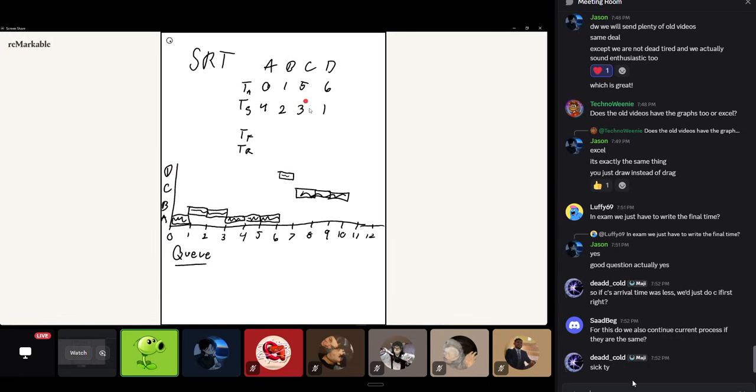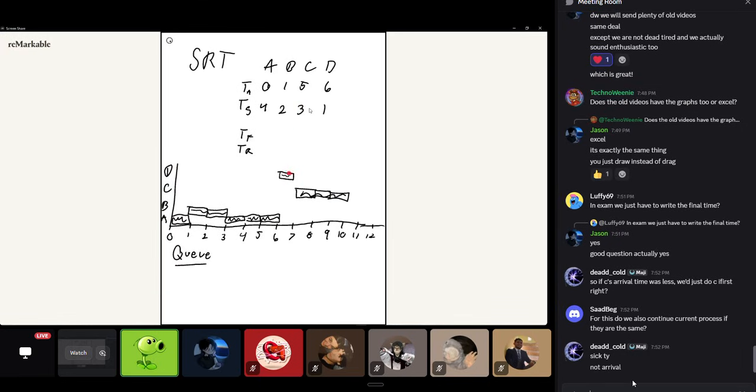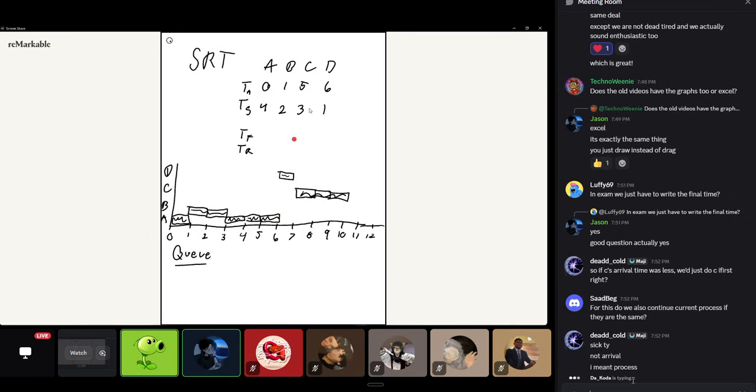If the arrival time was less, so that's why we did C, but it was supposed to arrive, like we've already passed the window for C, and now we're at where D is supposed to start, and D was supposed to start at 6. So when we begin doing C, we have to compare who has the shortest remaining time.